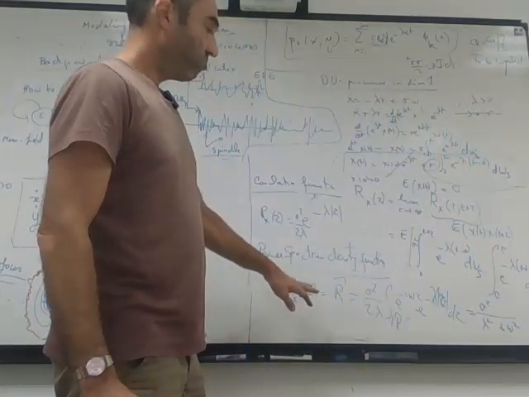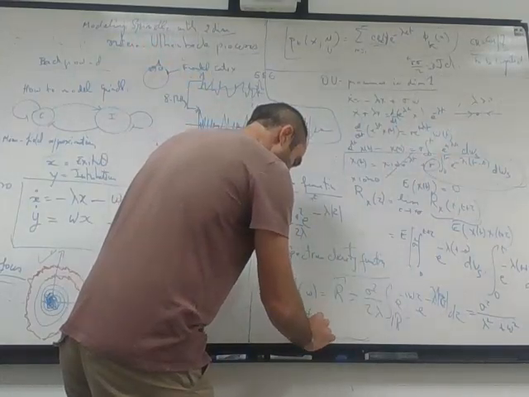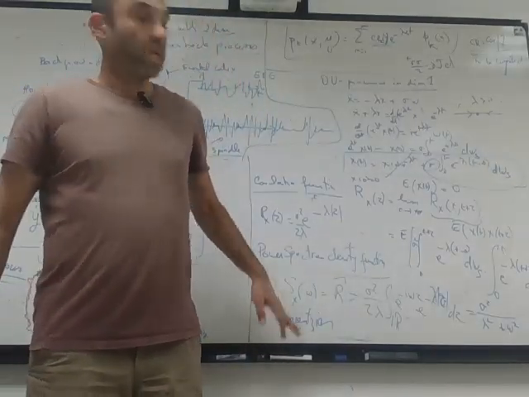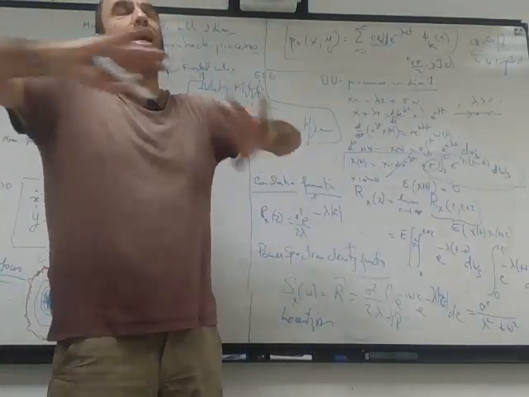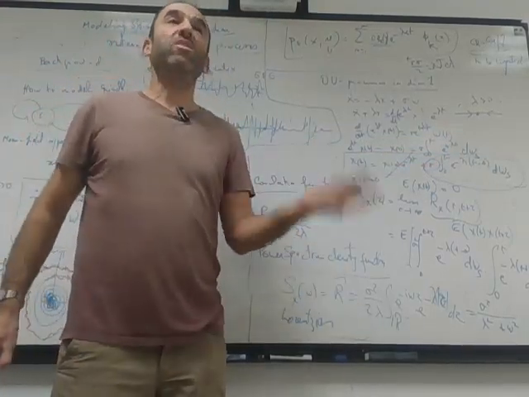This is called a Lorentzian function. This is the most classical power spectrum that you will encounter in signal processing.